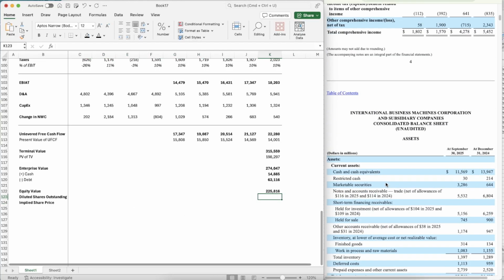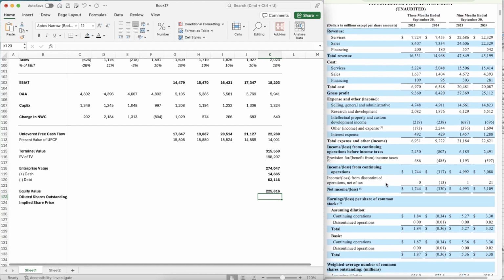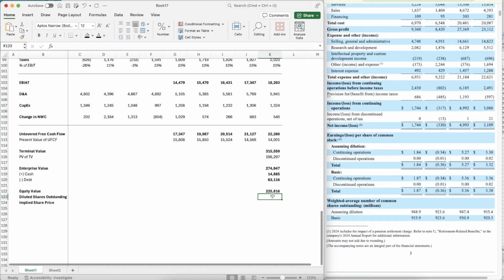Diluted shares outstanding are on the income statement. And it's down here, 947.4. To get the implied share price, you take the equity value, divide it by the diluted shares, and that gives us a value of $238 per share.